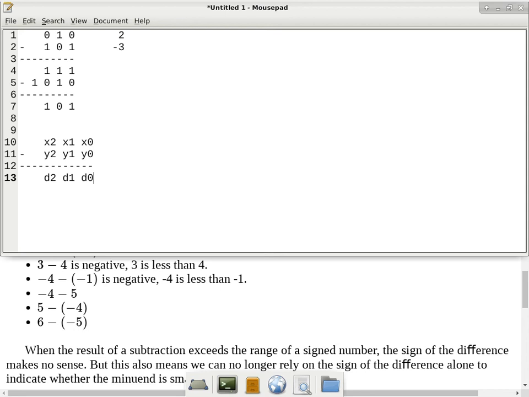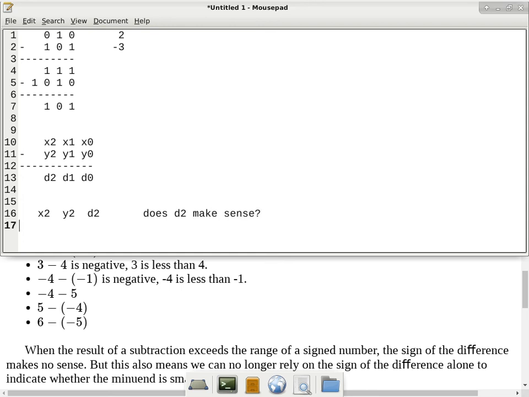Tell me how you can tell that we have an overflow situation where the sign of the result doesn't make sense. Let's look at the 4 combinations, because the x and the y we can control, those are the inputs. The d is the result of the calculation, so we cannot really control that, but it is one of the factors. So when I look at this table, we'll look at x2, y2, and d2, and then we will say, does d2 make sense?